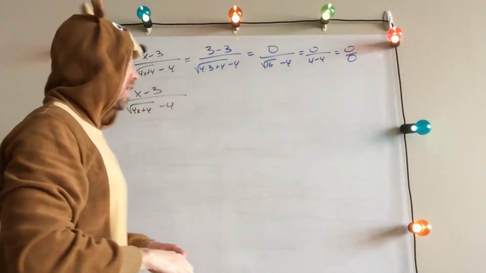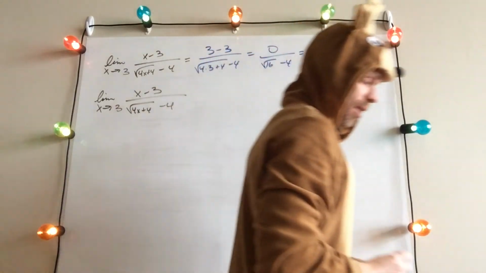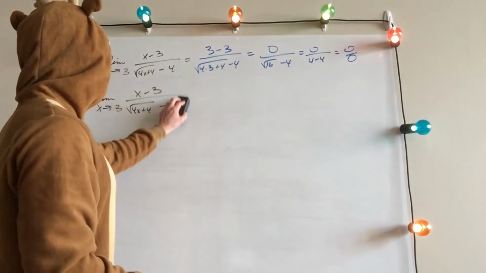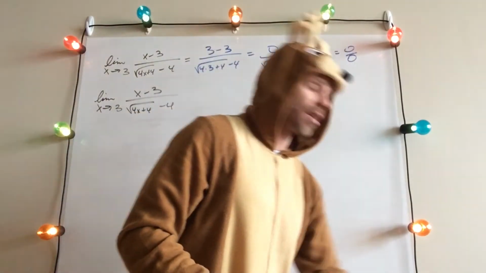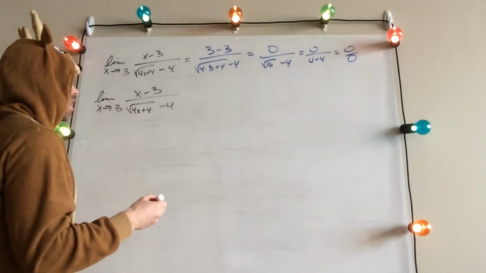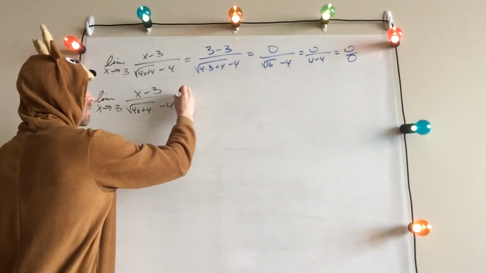All right, how do we get that radical out of the denominator? Hopefully remember what it is that we need to do. We're going to have to multiply the top and bottom by the conjugate of the denominator. What's that conjugate going to be?